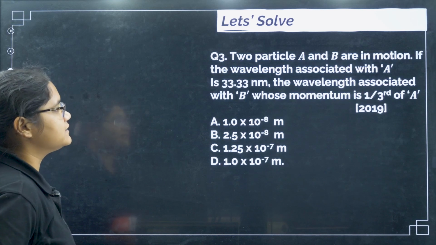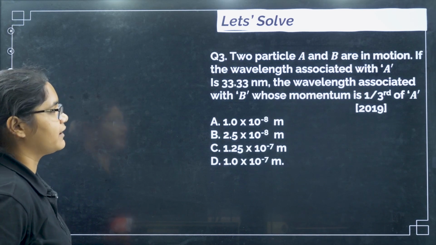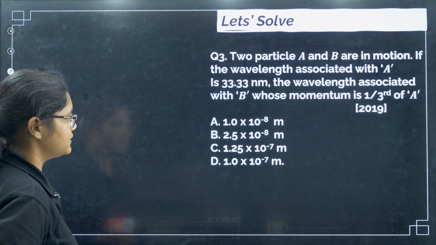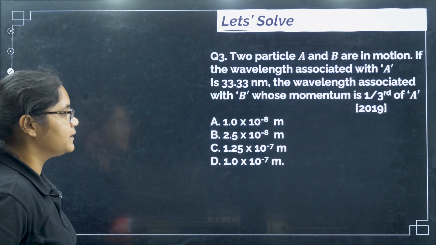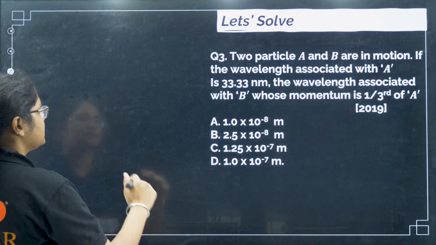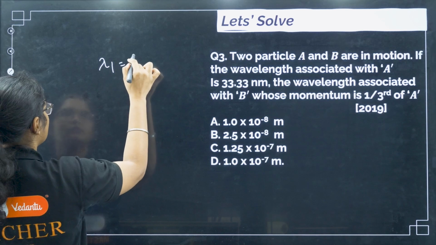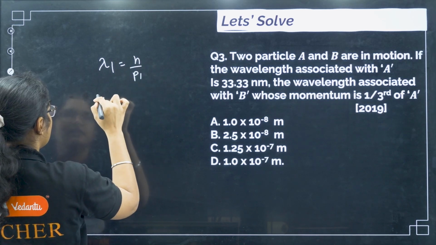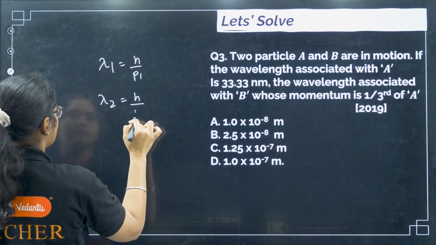Next, 2 particles A and B are in motion. If the wavelength associated with A is this much, find the wavelength associated with B, whose momentum is 1/3 of A. For example, lambda 1 is equal to h by p1, and lambda 2 is equal to h by p2.